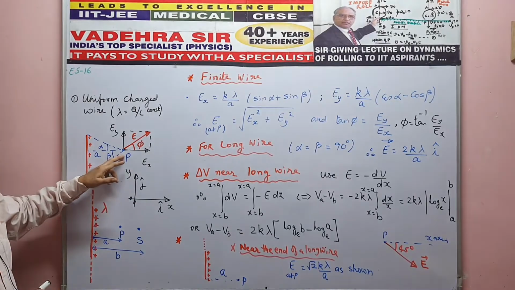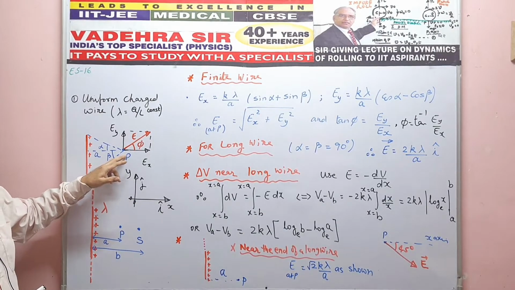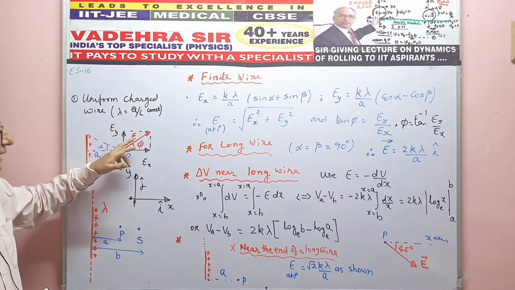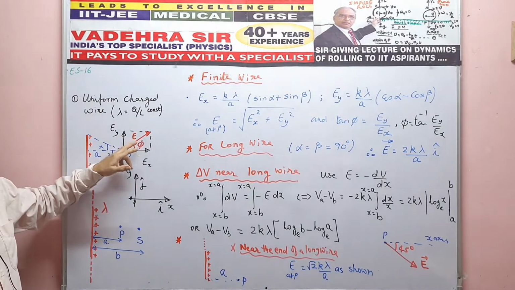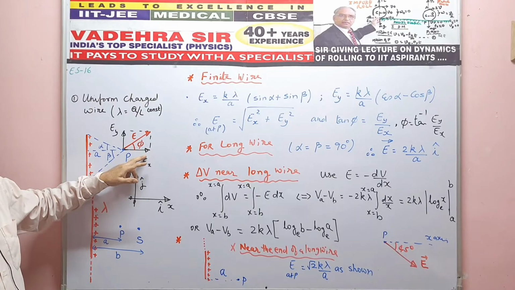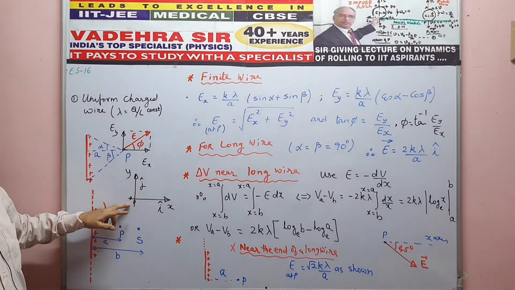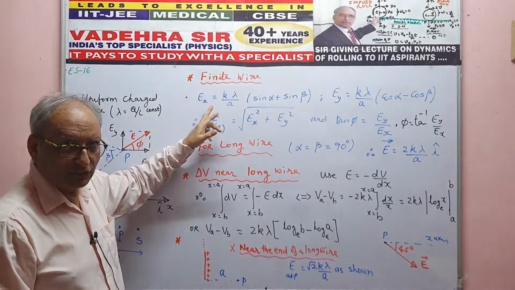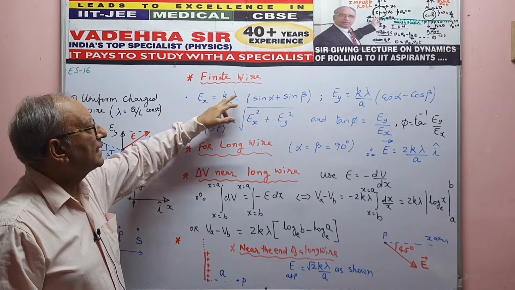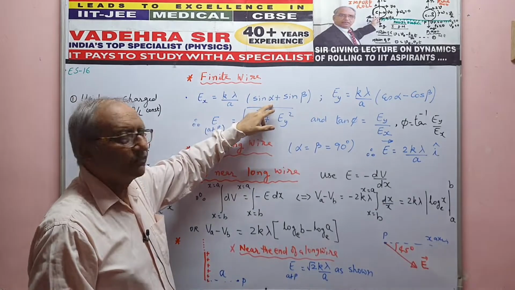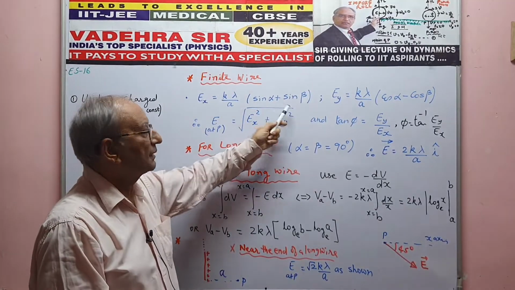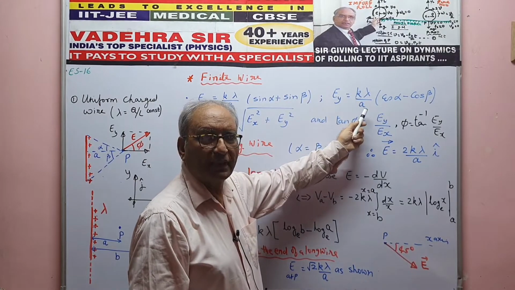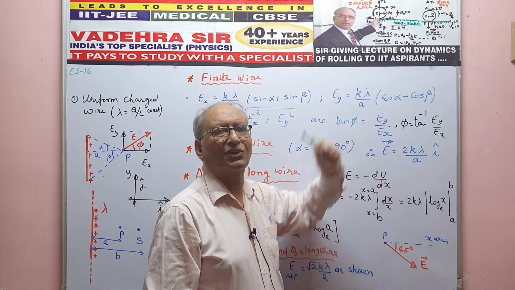So at the point P, the intensity will have x component Ex and y component Ey, and the resultant field is E, which makes an angle phi with the x-axis. Ex after integration will come out to be k lambda upon A into sine alpha plus sine beta, and Ey will come out to be k lambda upon A into cos alpha minus cos beta.